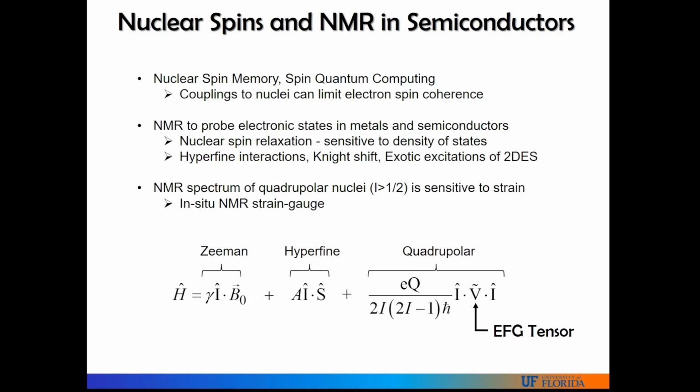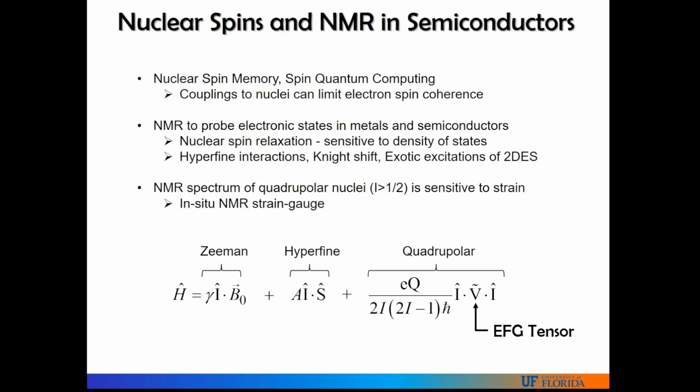But the focus of the present work is the use of the quadrupolar nuclei in gallium arsenide. There's gallium-69, gallium-71, and arsenic-75. They're all fairly abundant, naturally abundant, and they all have spin 3/2. If we look at the interaction of the electric quadrupole moment of the nucleus with the electric field gradient at the nuclear coordinates, it has this form.